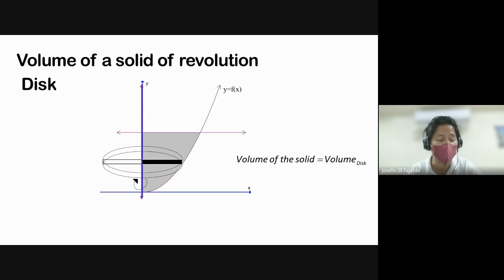Okay. So what will now be the area of this disk? So the area of the disk will just be the area of the circle, so that will just be considered as this is the length, which is the radius rather. And then the thickness. Nakuha ba yun, guys?